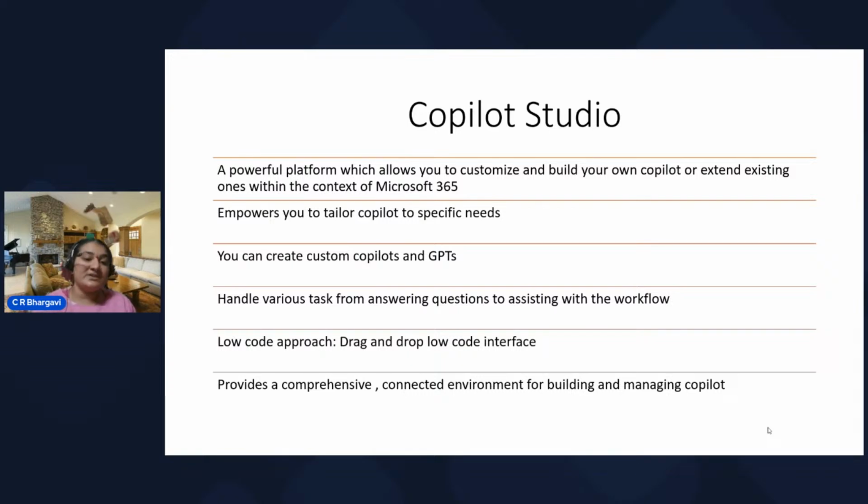So you can easily build a virtual assistant for yourself, and it handles various tasks from answering questions to assisting you with the workflow that you want to build inside Copilot Studio.